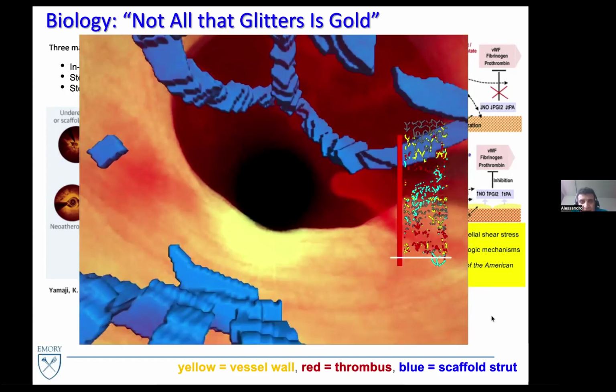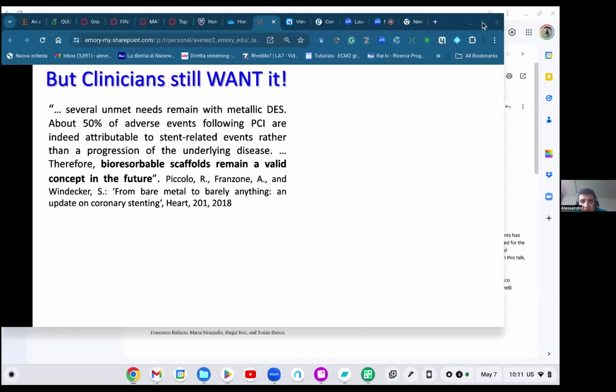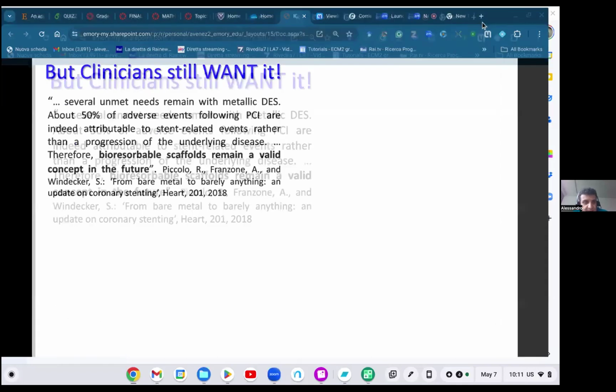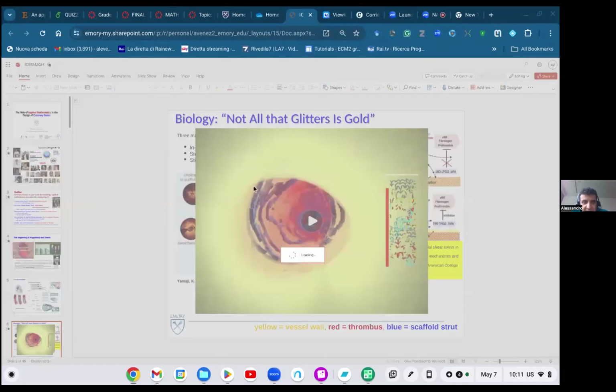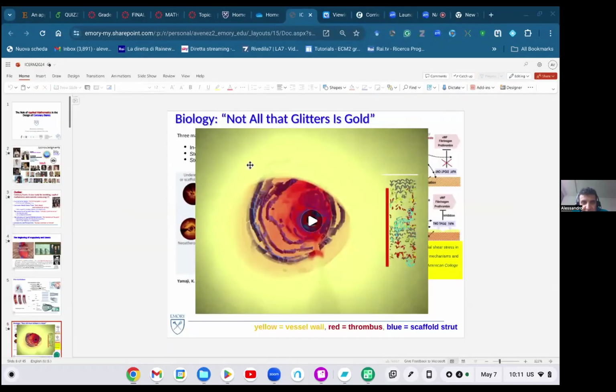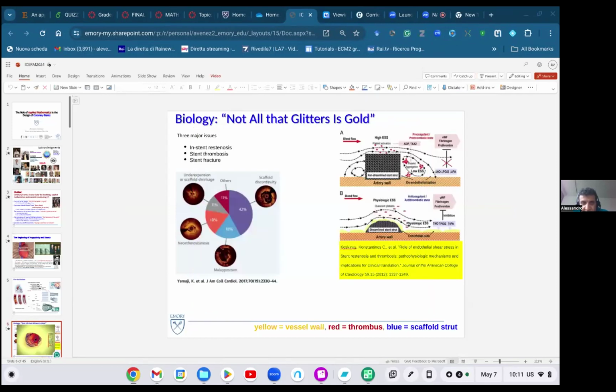And why is this happening? Sorry, I realized that in the movie something was unfortunately covering what I wanted to show you, so let me just remove this.